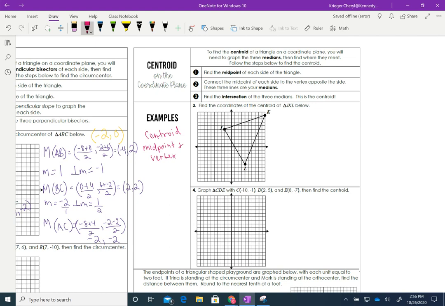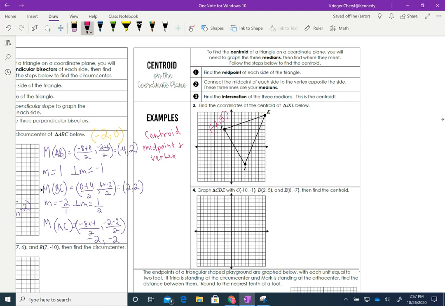let's go ahead and find the points J, K, and L. J is at -2, 5. K is at, looks like 10, 9.